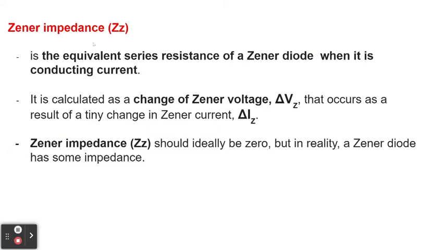Again, the Zener impedance ZZ is the equivalent series resistance of a Zener diode when it is conducting current. It is computed as a change of Zener voltage, represented by delta VZ, that occurs as a result of a tiny change in Zener current, delta IZ. The Zener impedance ZZ should ideally be zero, but in reality, a Zener diode has some impedance.